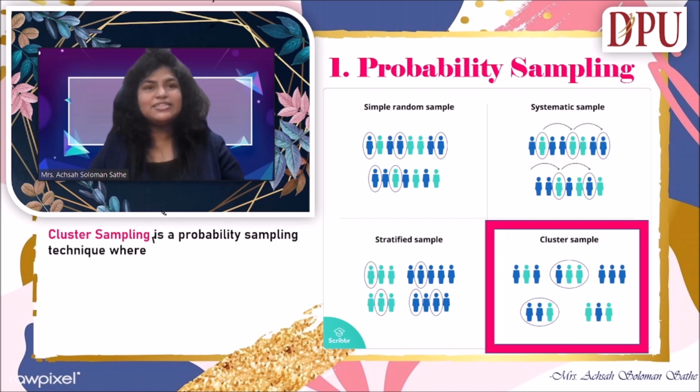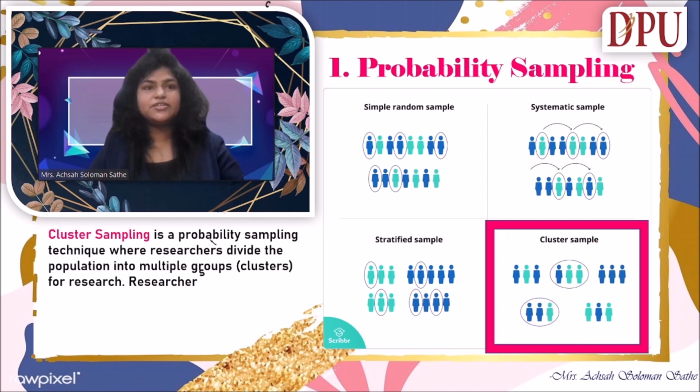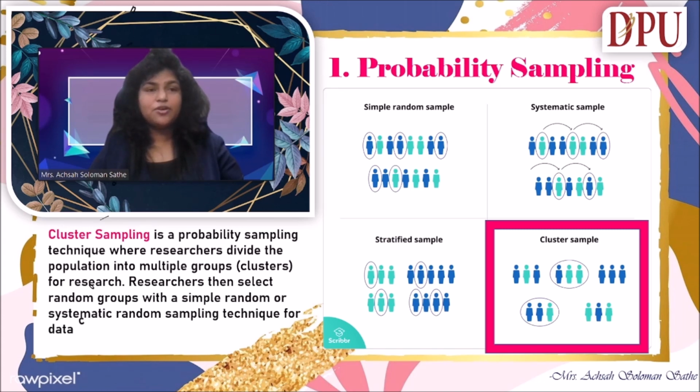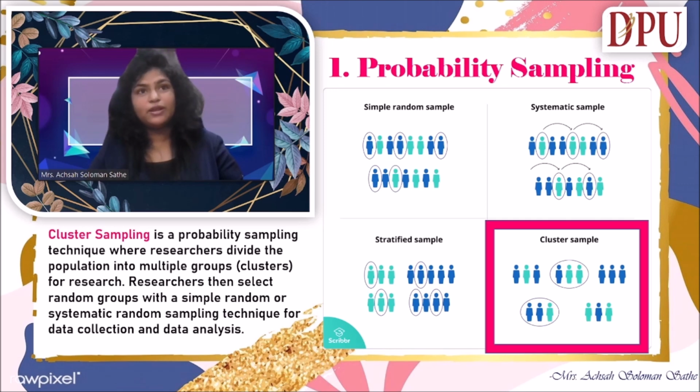Then let's go and see what's cluster sample. Well, cluster sampling is a probability sampling technique where researchers divide the population into multiple groups or clusters for research. Researchers then select random groups with a simple random or systematic random sampling technique for data collection and data analysis. So what happened here? Instead of a list, there is a group. Now the members in the group do not have particular characteristics or anything as such.